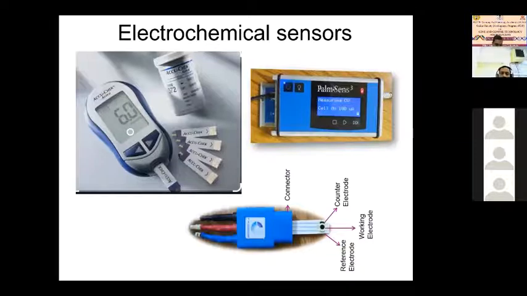This type of device, the glucometer, is an amperometric sensor, where the increase in electrons, or increase in current, is linearly correlated with the glucose level in the sample, whether it is blood or anything else.